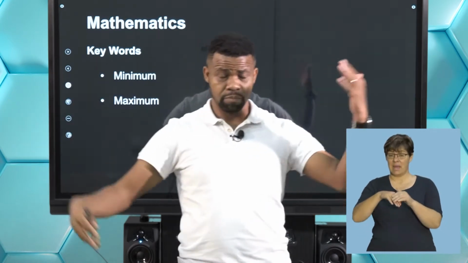Let's say for your maths results, in test 1 you get 10% and in test 3 you get 90%. Your maximum is 90, your minimum is 10. Is that person consistent? I think that's inconsistent. From 10 to 90, one can say you're improving.